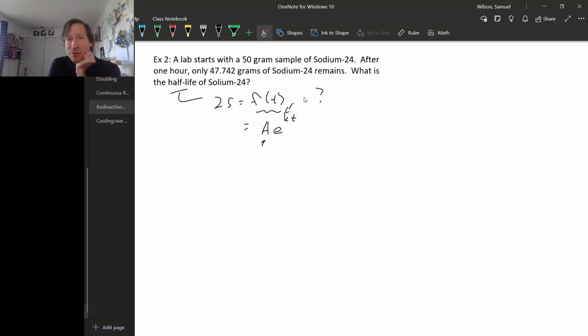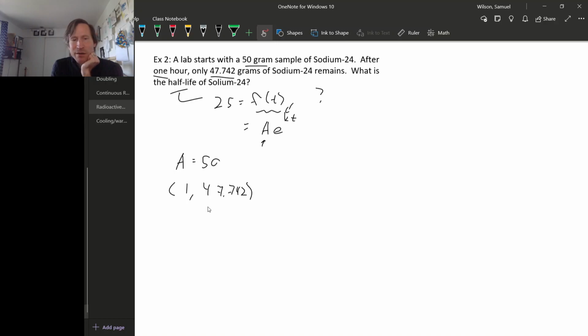Fortunately, we can do that because we know how much we start with, and also we have this data point. After 1 hour, we know how much is left. So we'll be able to find a and k. Let's do that first. A is the initial mass of our sample, and that's 50 grams, so there's no solving to do there. But to find k, we have to use this data point. After 1 hour, there's 47.742 grams left.